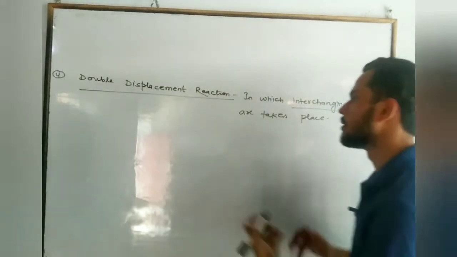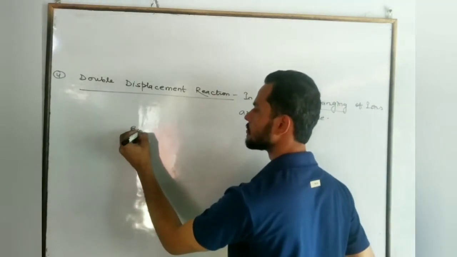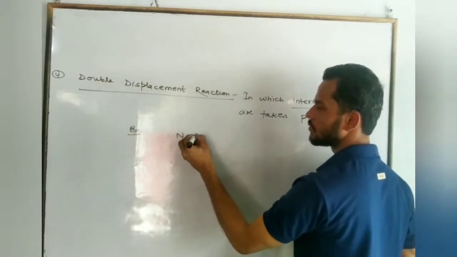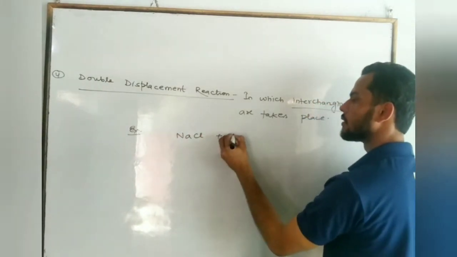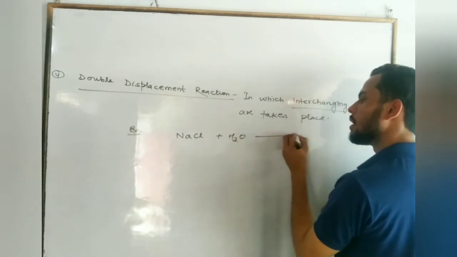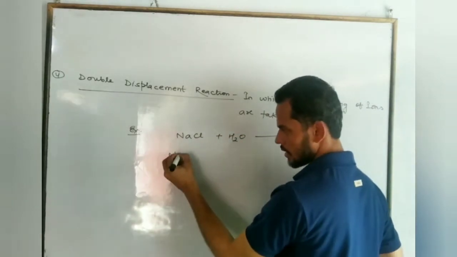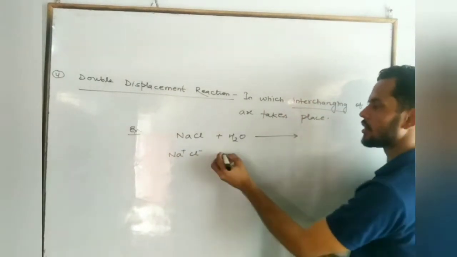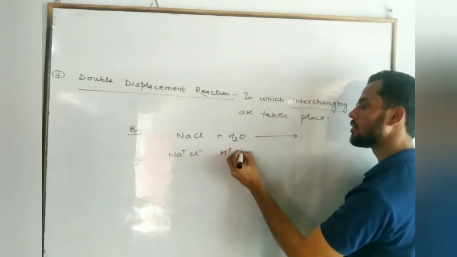For example, when sodium chloride reacts with water, because in sodium chloride Na is positive ion, Cl is negative ion, and in water H is positive and O is negative.